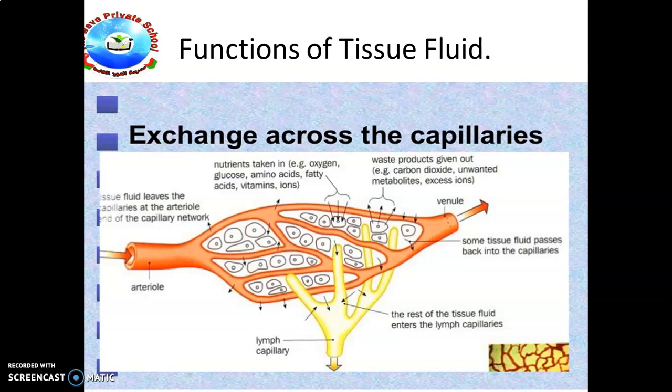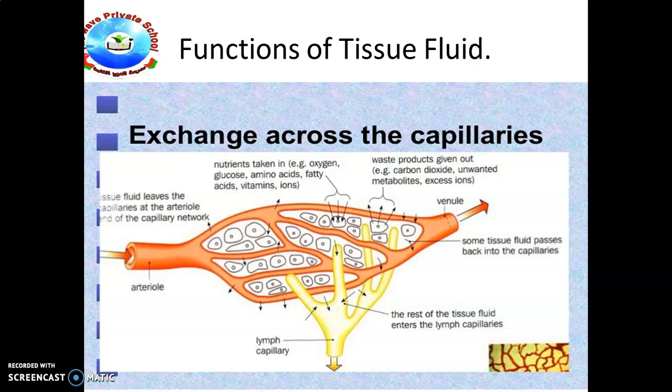So here you can see the picture. This is the network of capillaries, this is the arteriole, and here you can see the venule. When the blood is coming to the arteriole, it will be supplied into the capillaries, and there the gas exchange will be done. So the tissue fluid leaves the capillaries at the arteriole end of the capillary network.